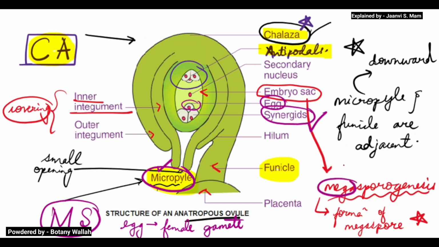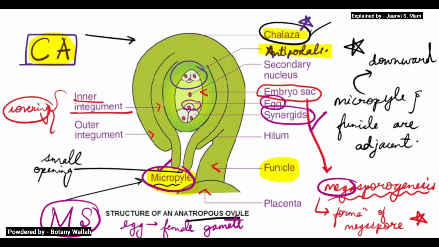This egg is bigger, so we say mega. Mega means bigger. The microspore is smaller, so we say micro. Why do we say mega? Because here there is storage of nutrition, some reserved food for the upcoming embryo development.